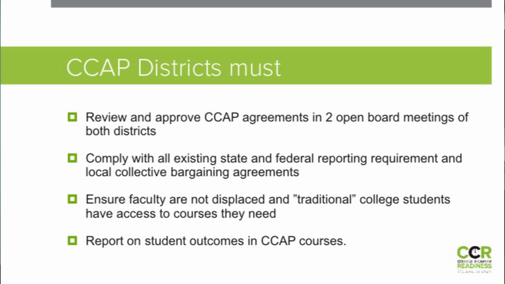This also is something that has been challenging in the past because let's say, for example, that a college wants to offer CCAP agreement dual enrollment courses at every one of their high schools in their service area. And as part of their collective bargaining agreement, the head college faculty member in that division for that discipline has to evaluate all new college faculty, which a high school teacher would be when they teach this course.